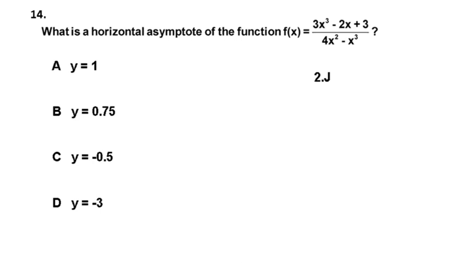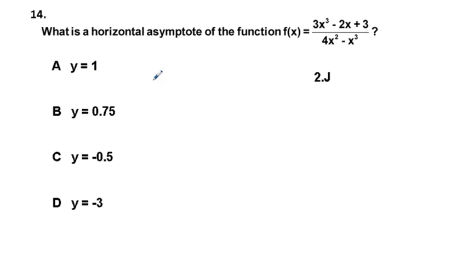14. What is a horizontal asymptote of the function f of x equals 3x cubed minus 2x plus 3 over 4x squared minus x cubed? Well, there are different strategies we can use. One thing we can do is put in a very large number and see which number is closest to these answer choices.